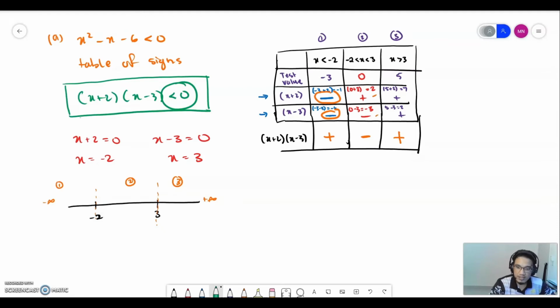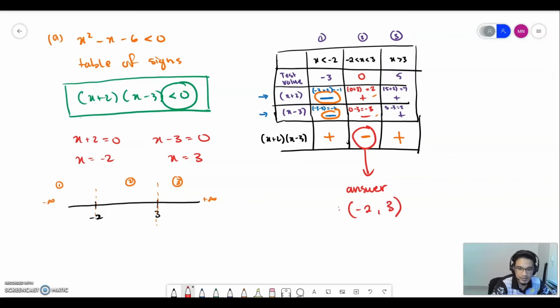So that means the value is negative, so we have to choose the negative region for our answer. So this is our answer, that is in between -2 and 3.